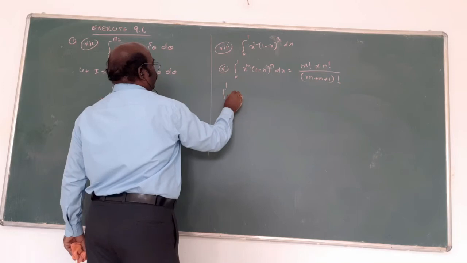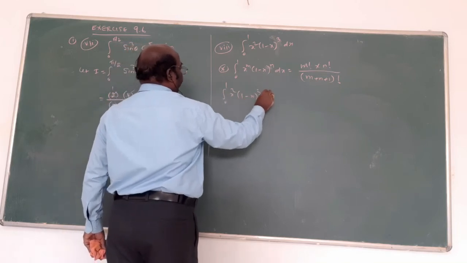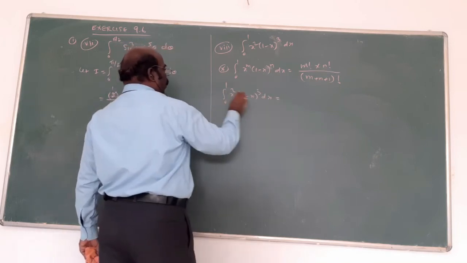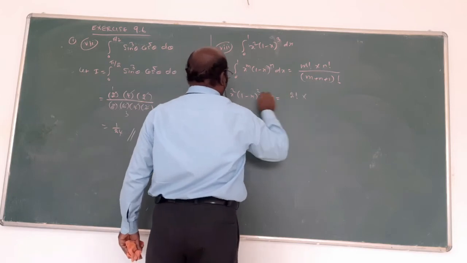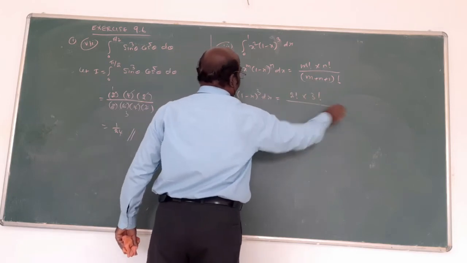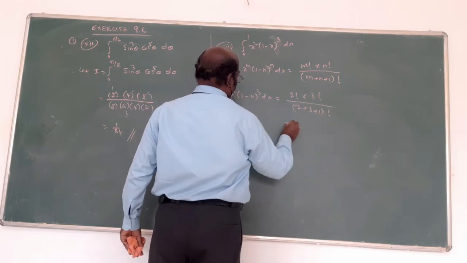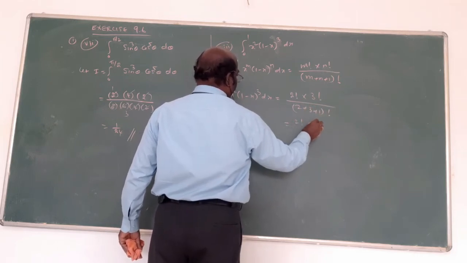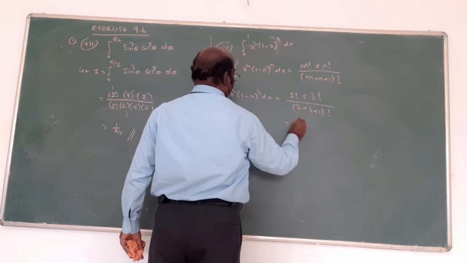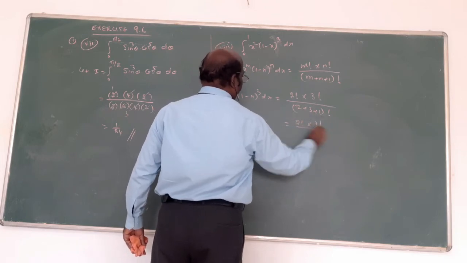Now write the question. Integral of x square (1 minus x) whole cube dx. m is 2 factorial into n is 3 factorial divided by (2 plus 3 plus 1) factorial. So 2 factorial into 3 factorial divided by 6 factorial.